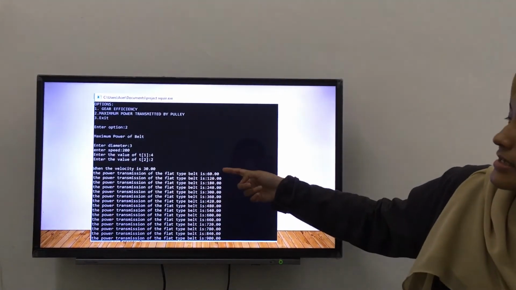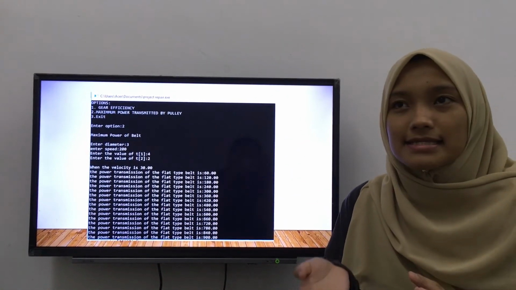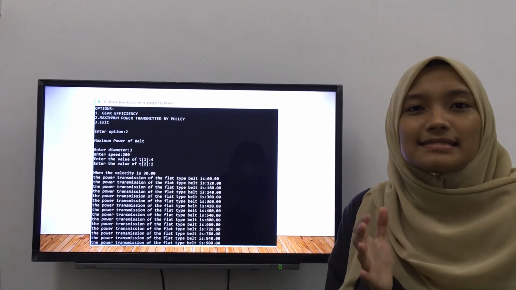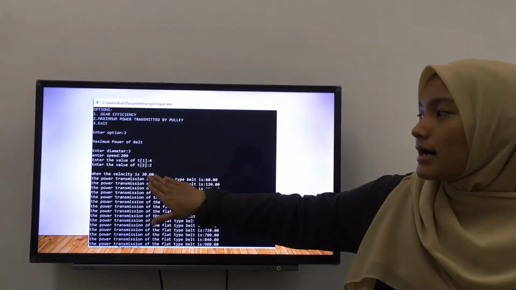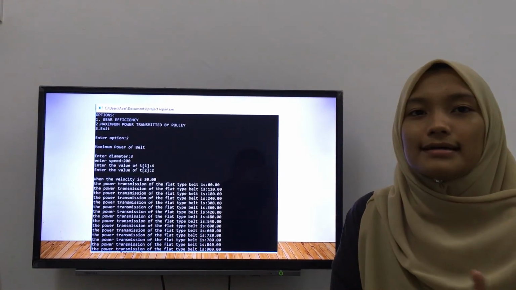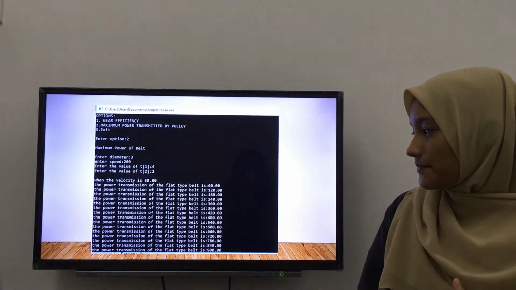You can see here it starts to loop because the condition is less than the velocity we get. So it will continue to loop until we get the power bigger than the velocity.